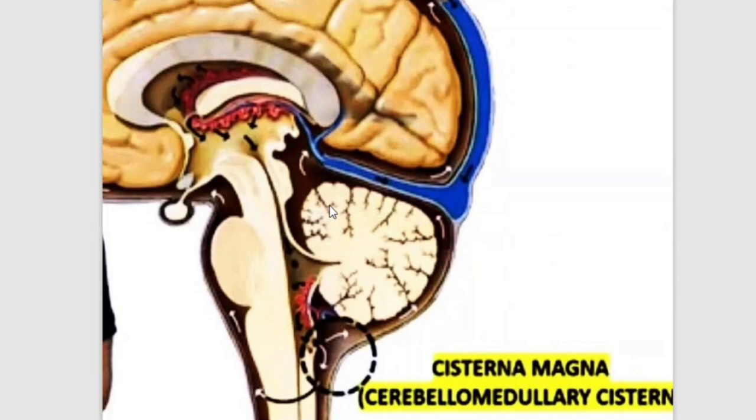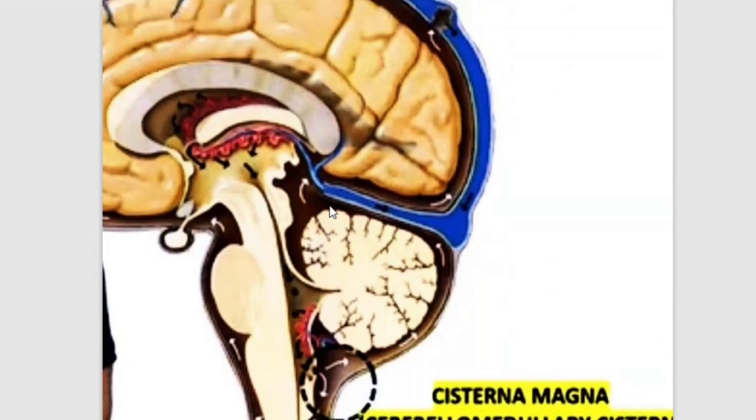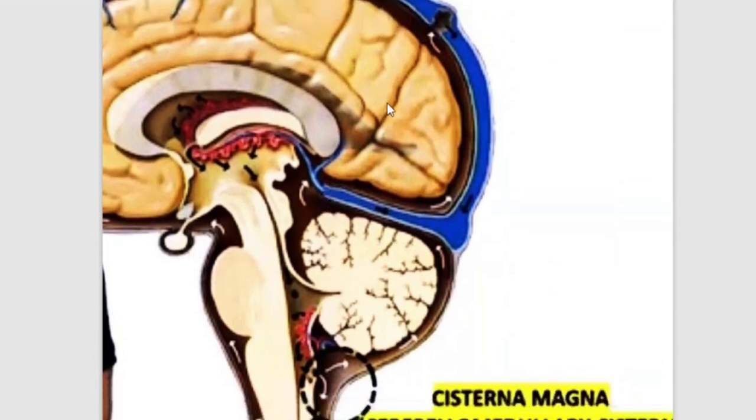This shows the right half of the cerebral hemisphere, and this is the corpus callosum, and this is the midbrain, pons, medulla oblongata, and this is the cerebellum, and this is the fourth ventricle.